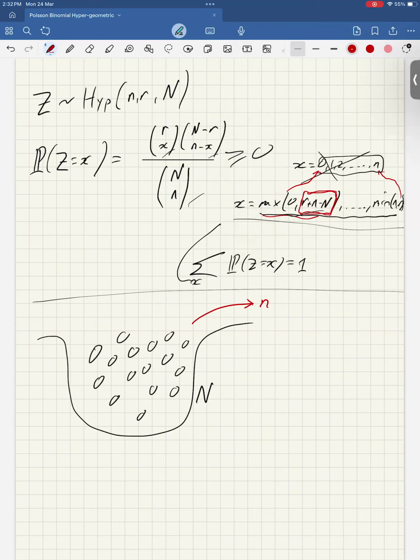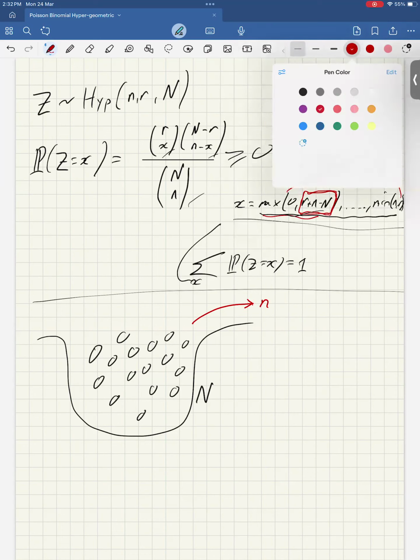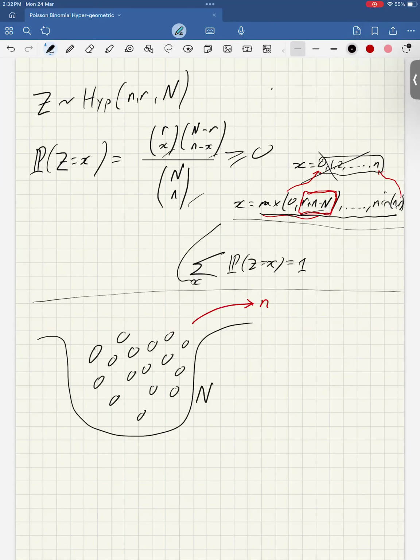Little n has to be less than or equal to capital N, and you're pulling out a few little n items. This is your sample size. But when you're pulling them out, you don't put them back. So if you pulled an item, you take it outside. You pull an item, you take it outside.